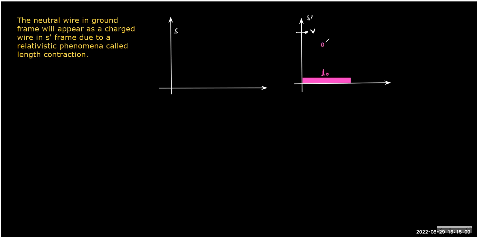So observer in S dash will see the true length, which is L naught. But this observer will see the same rod as L dash. I mean, this observer cannot see the actual length, and that is the problem.